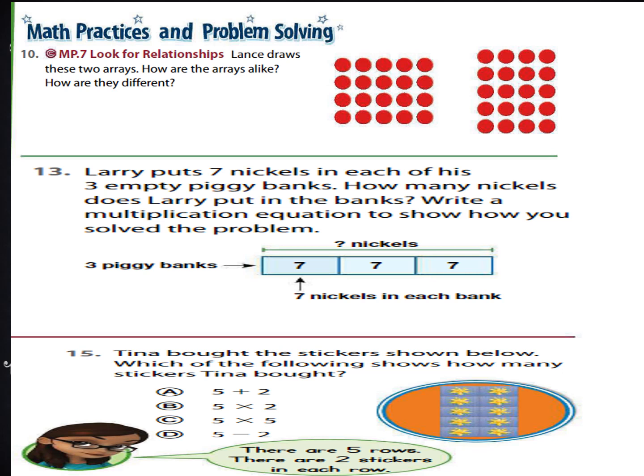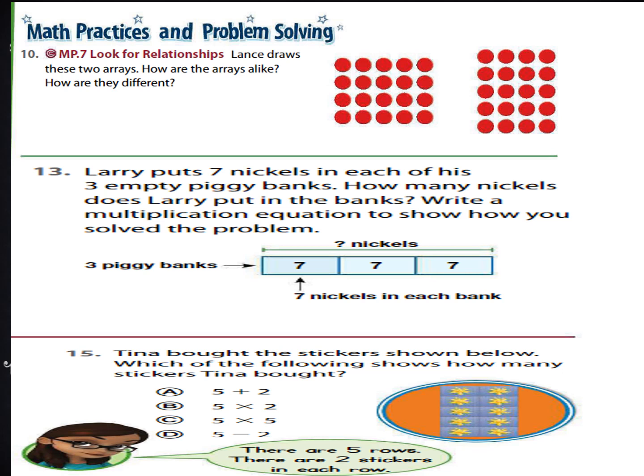Now look at question number 13. Larry put 7 nickels in each of his 3 empty piggy banks. How many nickels does Larry put in the banks? Write a multiplication equation to show how you solved the problem. Look at the bar diagram. You will find 7 and 7 and 7.